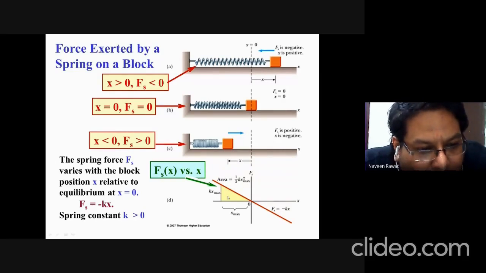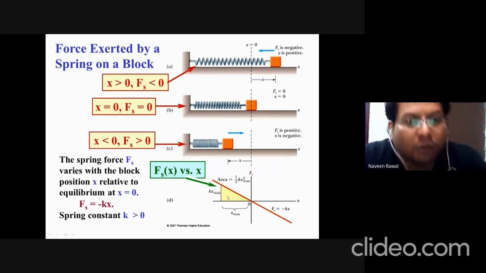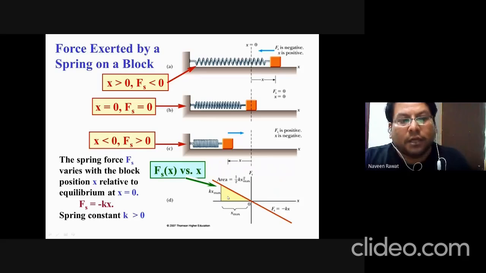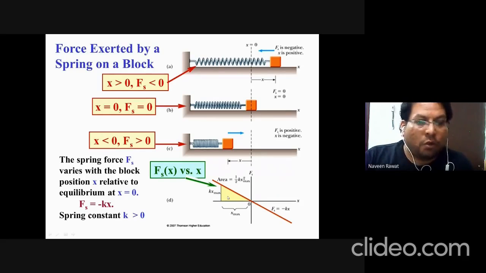Okay, and remember again, what you have to realize is this force is not a constant value. Okay, so previously when you were doing kinematics equations, you were using all the kinematics equations that were dealing with a constant acceleration. Okay, and the constant acceleration will only come when you have a constant force, right?